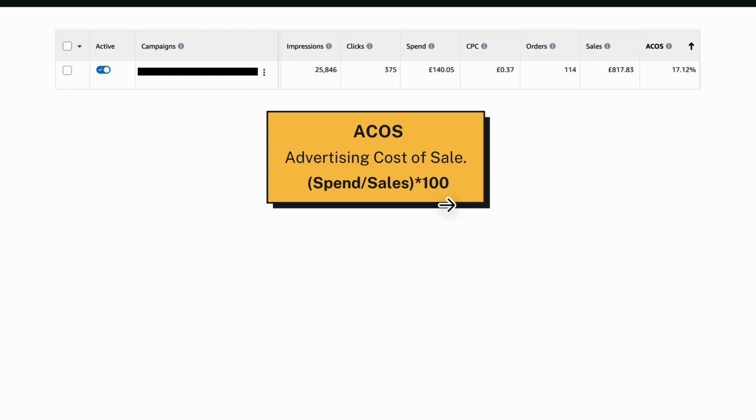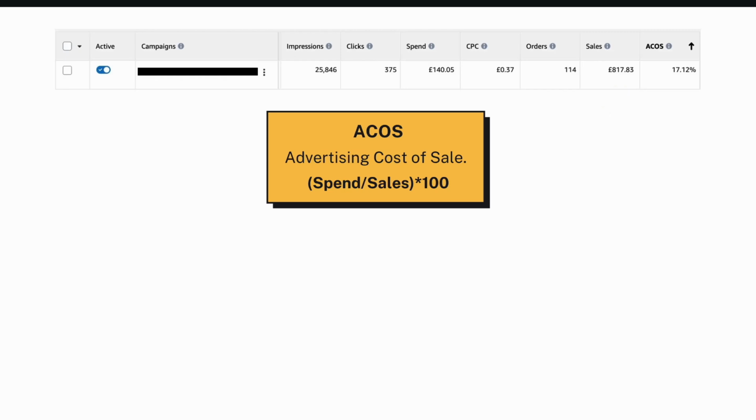And it basically just means, of this £817 worth of sales, what percentage of this amount did we spend on the ads? So for example here, if we got £817 worth of sales and we spent £140, £140 is 17.12% of this 817 sales number.